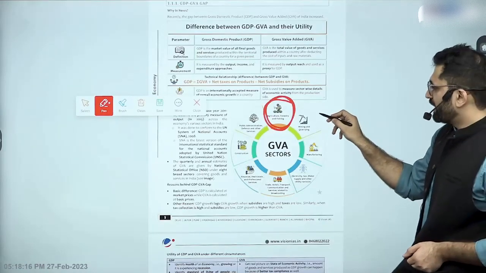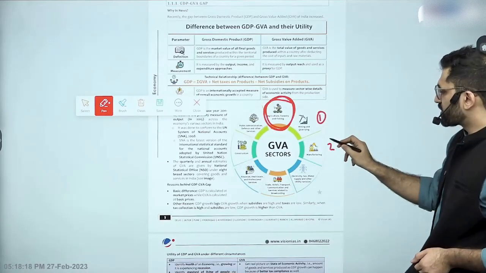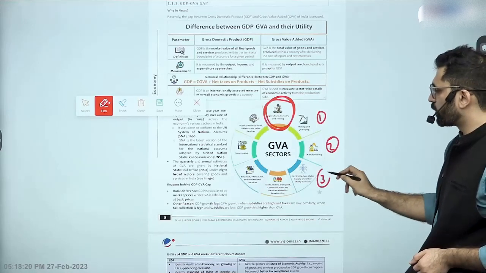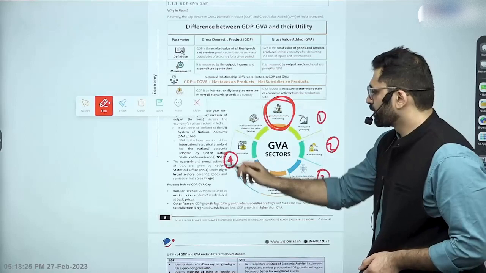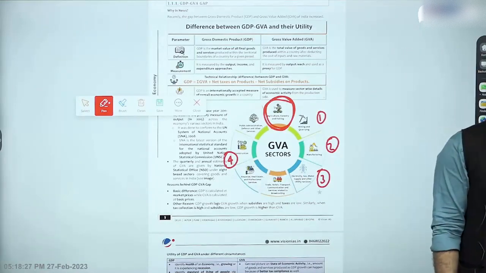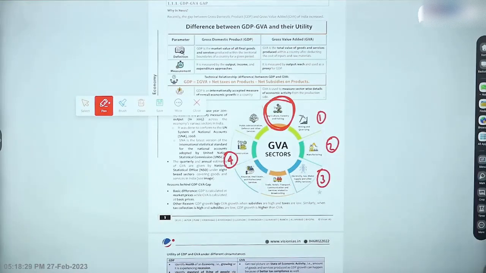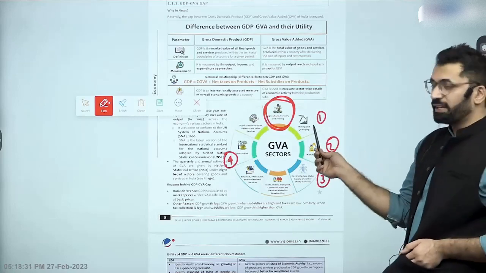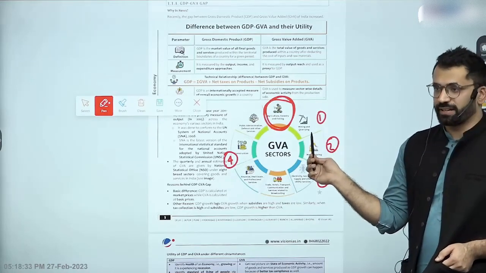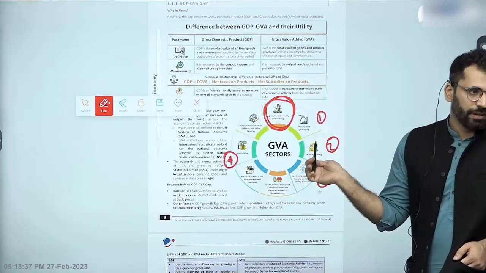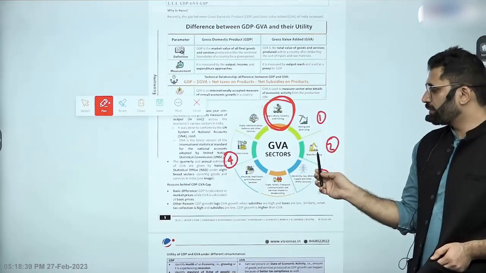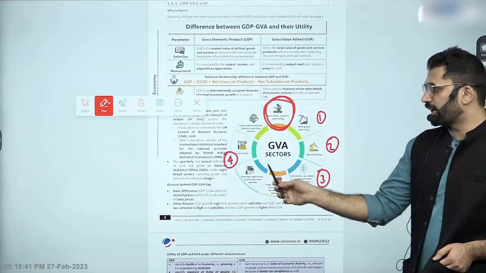Mining and quarrying, manufacturing, electricity, gas, water supply, and construction. These four are included in industry. One thing to clarify here, mining and quarrying is a primary sector activity, but it is included in industry in India.